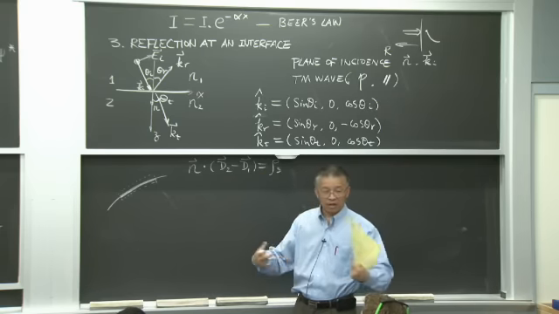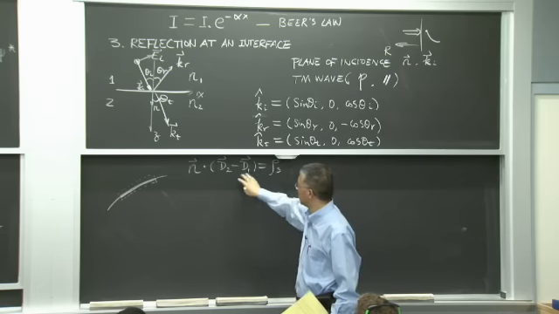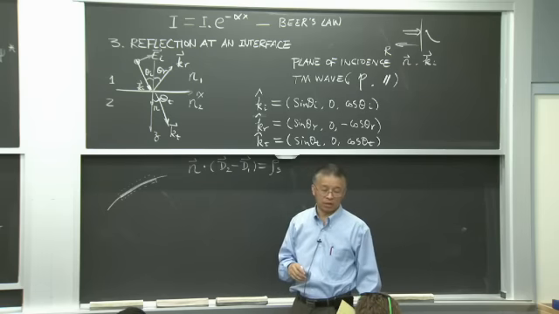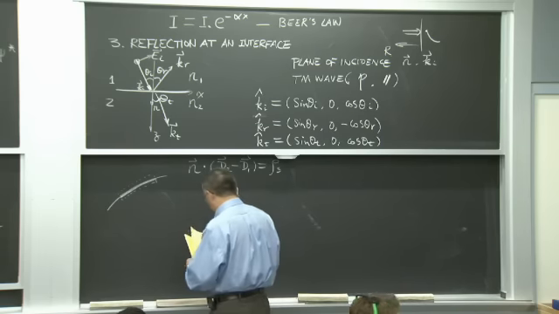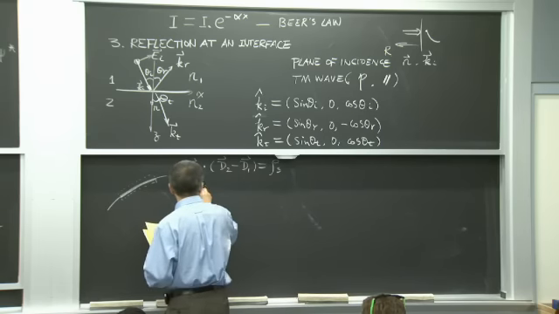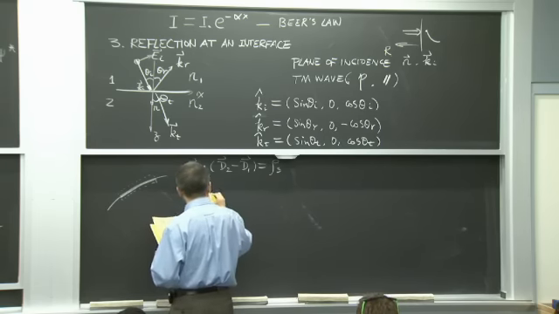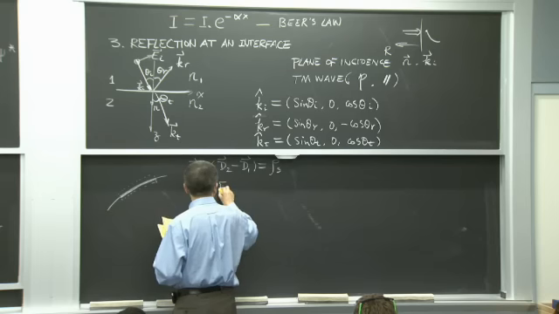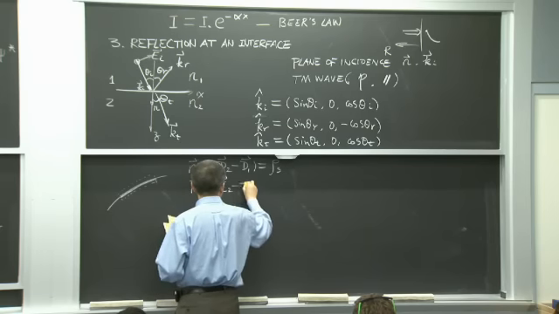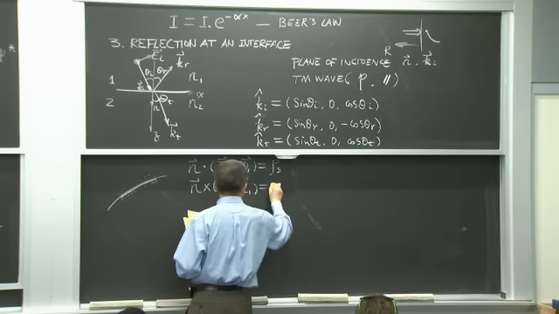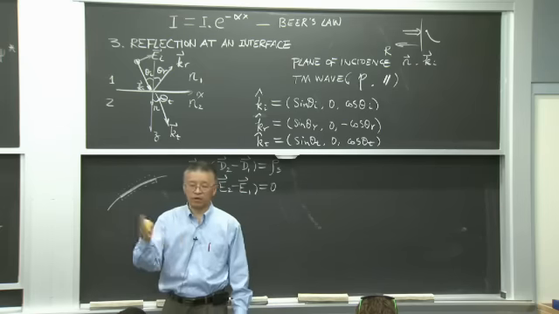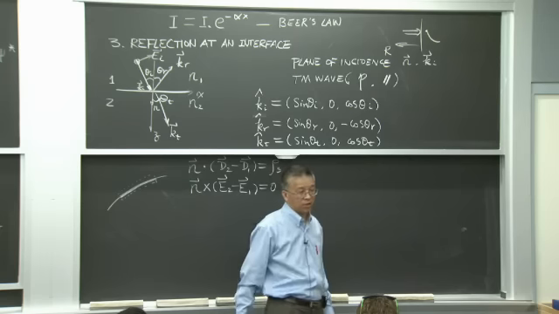Then the tangential component is a cross product with the interface. So this parallel component is 0, so the electric field parallel to the interface is continuous.